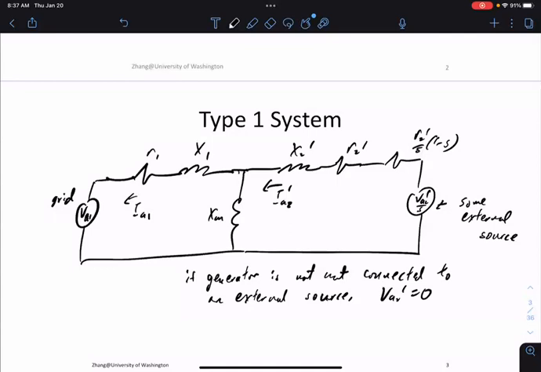Now if you look at this part, this is a negative resistor. Sometimes we'll think of a negative resistor as a voltage source. It's notationally more convenient to think of the wind turbine as providing power through a voltage source, so sometimes you'll see this written as VD, which is RD times IA2 prime.